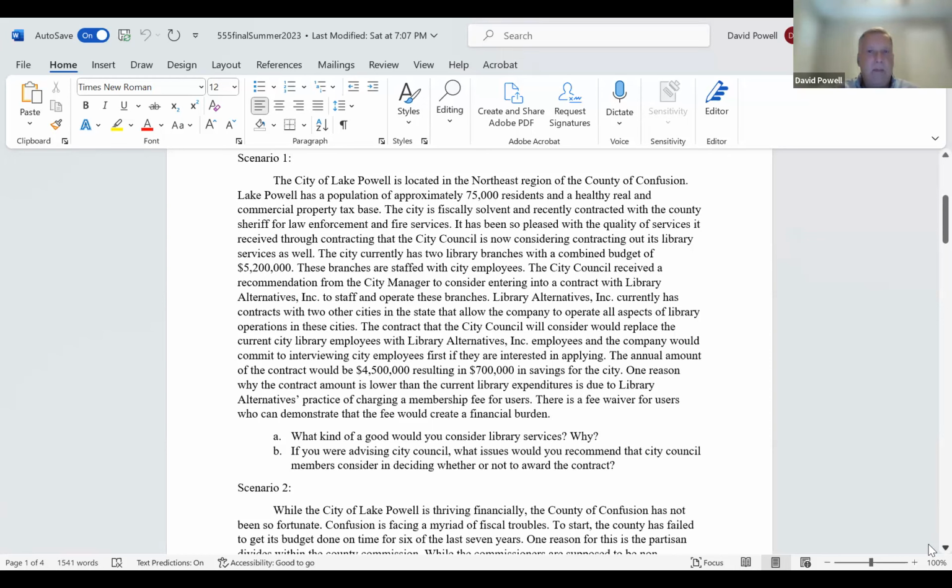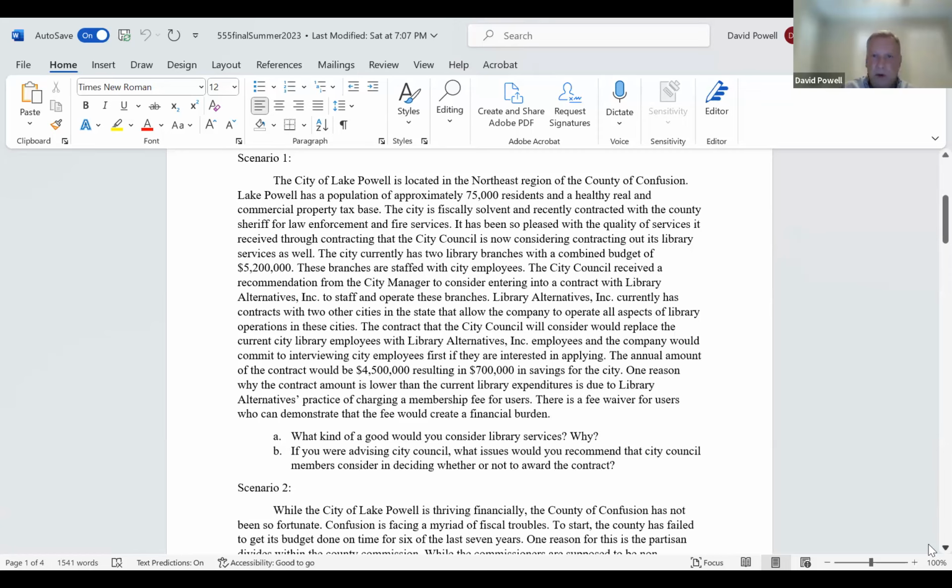The contract the City Council will consider would replace the current city library employees with Library Alternatives Incorporated employees, and the company would commit to interviewing city employees first if they are interested in applying. The annual amount of the contract would be $4.5 million, resulting in $700,000 in savings for the city.